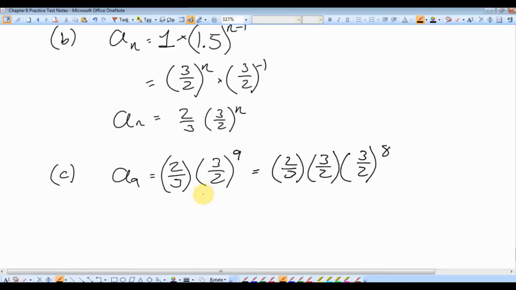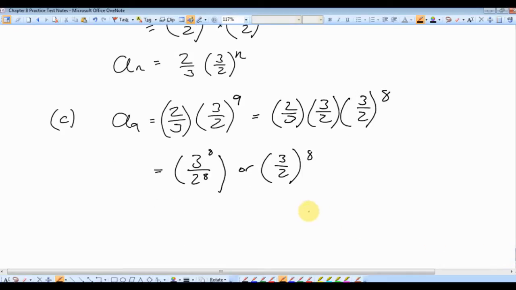Oh, yeah, because then it cancels the 2/3. So this is just equal to 3 to the 8th power over 2 to the 8th power. I'm not sure if you have to simplify it a whole lot more than that. On the back it says that for B it was a(n) equals 1.5 to the n. But that messed up because they forgot the n minus 1.